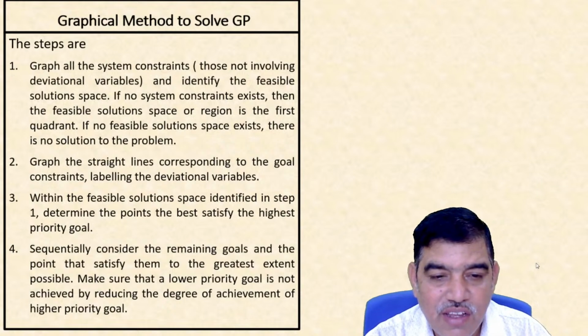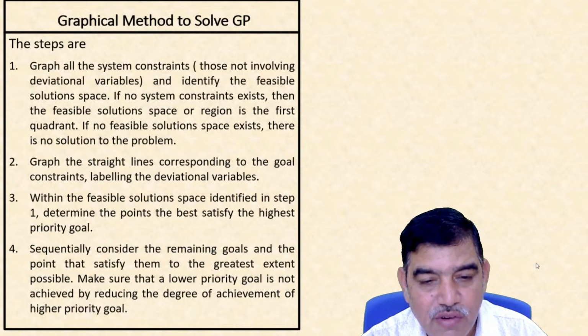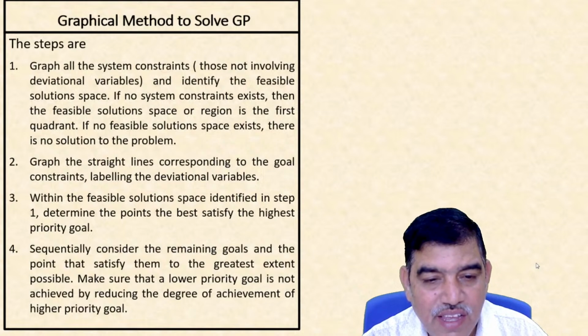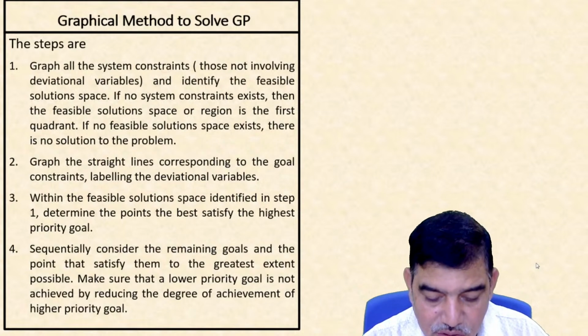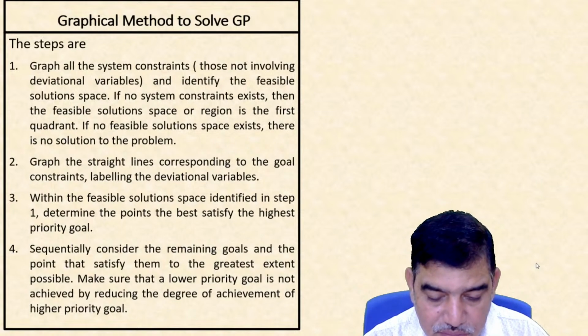Make sure that a lower priority goal is not achieved by reducing the degree of achievement of the higher priority goal. So first, the higher priority goal must be achieved, then we go for the lower priority goal. That is very important in goal programming.